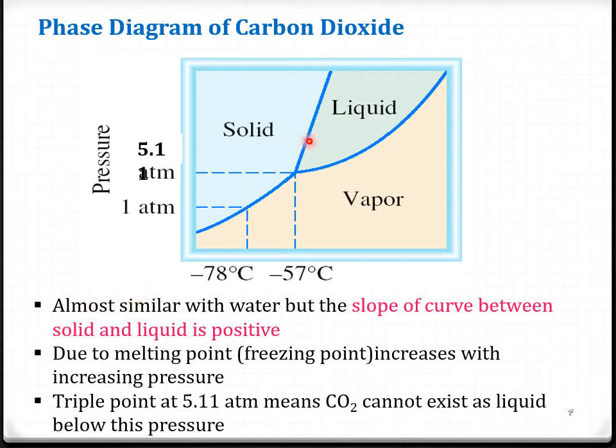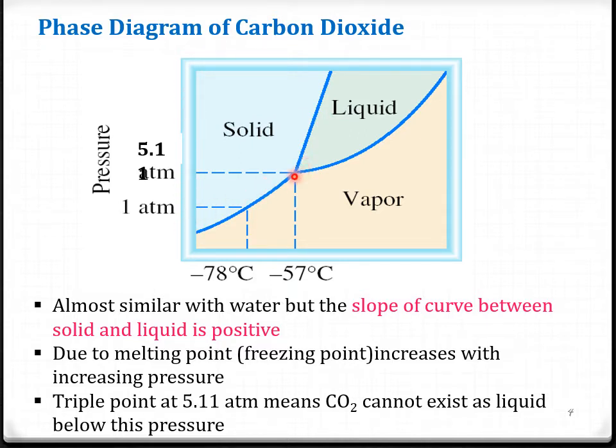In the phase diagram of carbon dioxide, it is almost similar with the phase diagram of water, but as I said, the slope of the curve between the solid and liquid region is positive. This positive slope is due to melting point or freezing point increasing with increase in pressure.